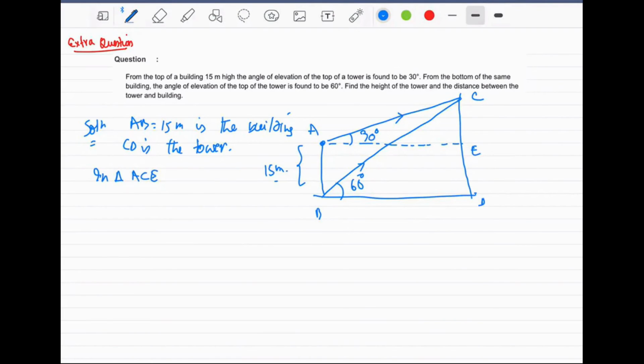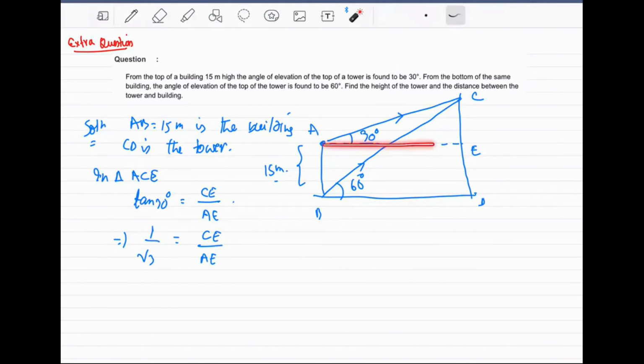This is an angle of elevation question, so we will use tan. Tan 30 is opposite by adjacent. Opposite is CE, adjacent is AE. We don't know CE or AE, so the right hand side we will keep as it is. Tan 30 degree we are going to change into 1 by root 3, since we know the value of tan 30. So CE divided by AE.